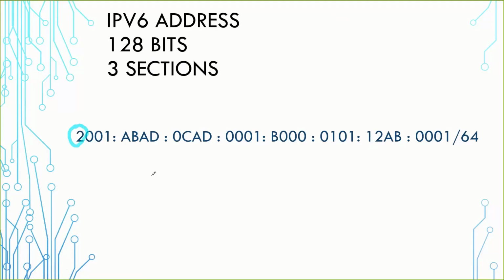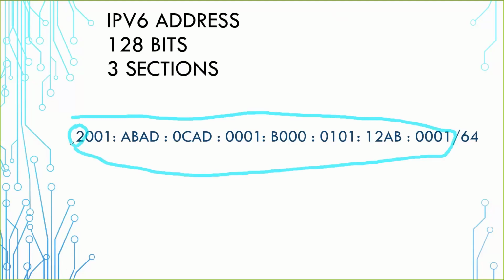The whole address is 128 bits, but this one hex position represents 4 bits. Exactly. So each one of these is called a nibble.